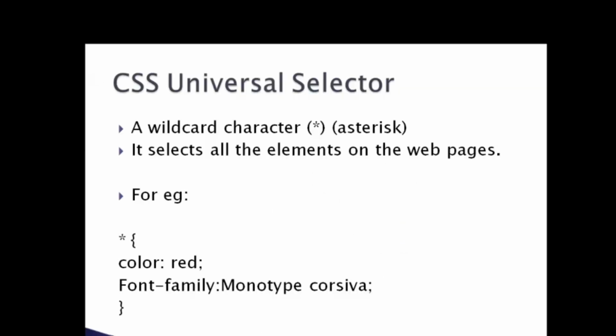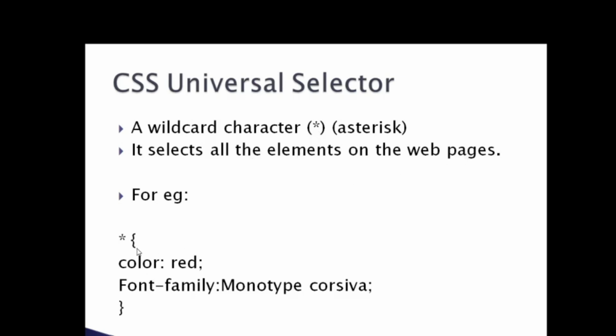The next example is of the CSS Universal Selector. It begins with an asterisk. By using this asterisk symbol we can apply the style to all the elements on the web page.